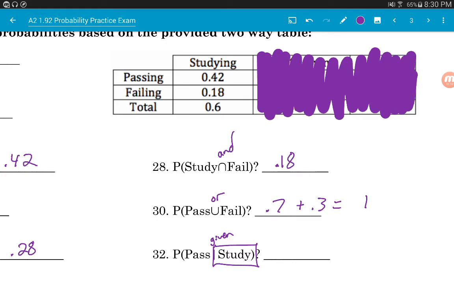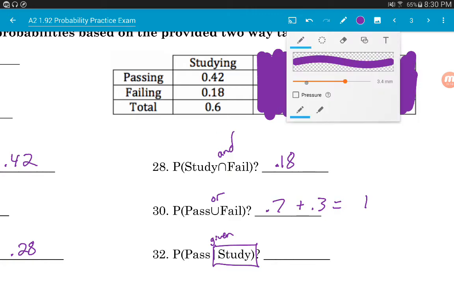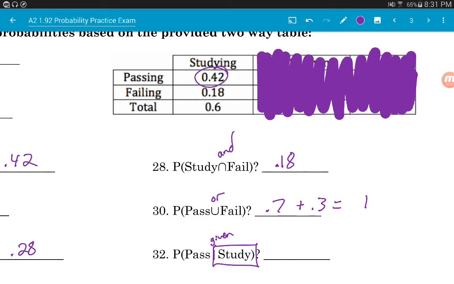Now that I'm only looking at the studying, the given condition, what is the probability that I pass? Well, passing is 0.42 out of 0.6. And a calculator will tell you that this is 0.7.